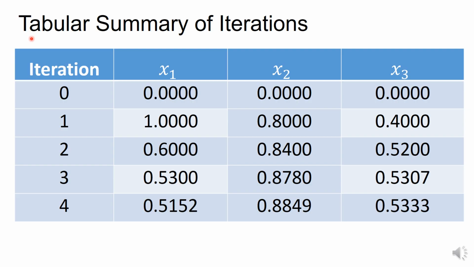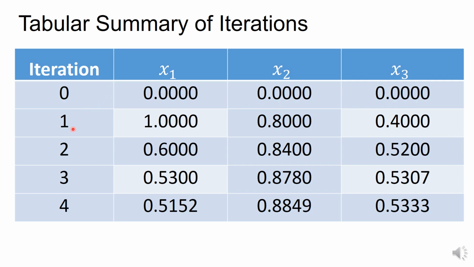Now you can see here we have written a tabular summary of the iterations. First column iteration, second x1, then x2, x3. So now we start at iteration 0, where all the values of x1, x2, x3 start at 0.